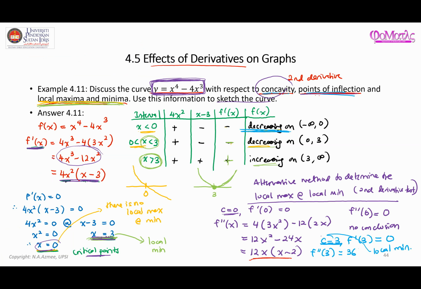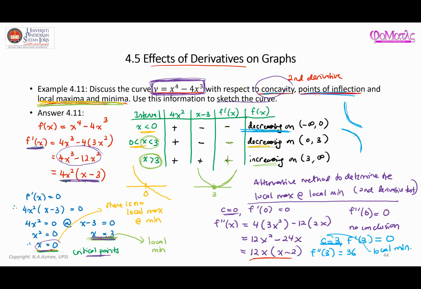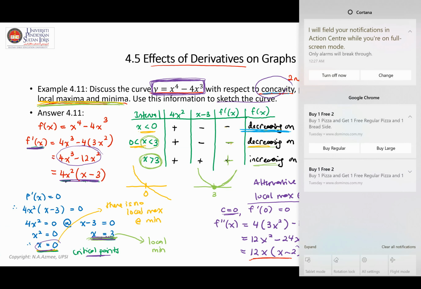But decreasing can be in this manner, or it can also be like this. So which way are we talking about? Is it decreasing in this manner, or is it decreasing in this manner? Now the first one here is related to, oops, oh, what's going on?